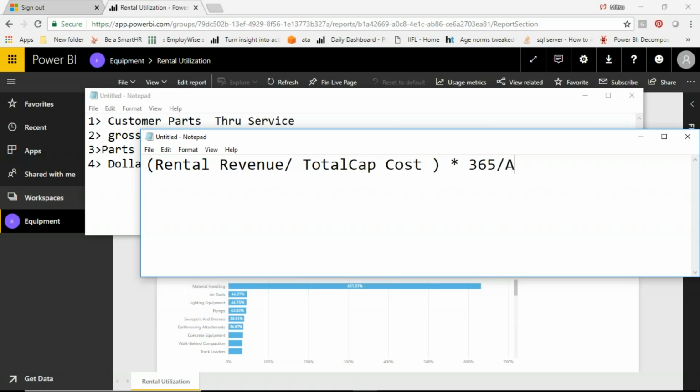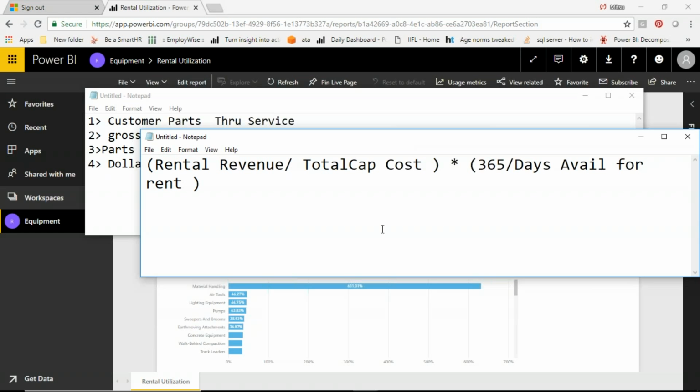Or, oh, available days. Right. Days available. Oh, okay. Cool. That's how we do the dollar utilization calculation.